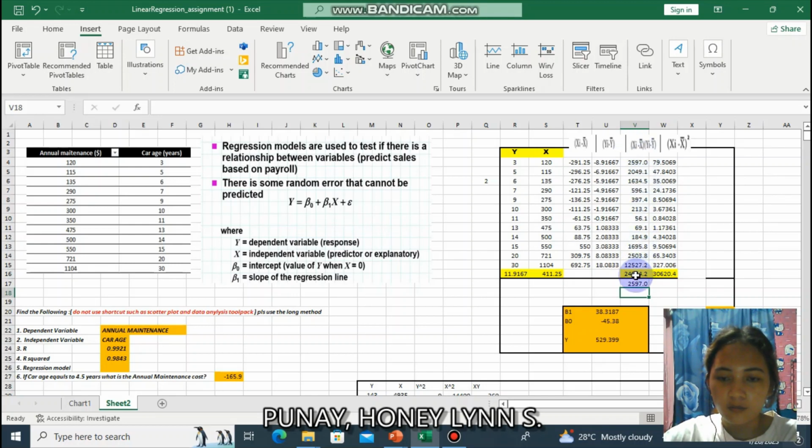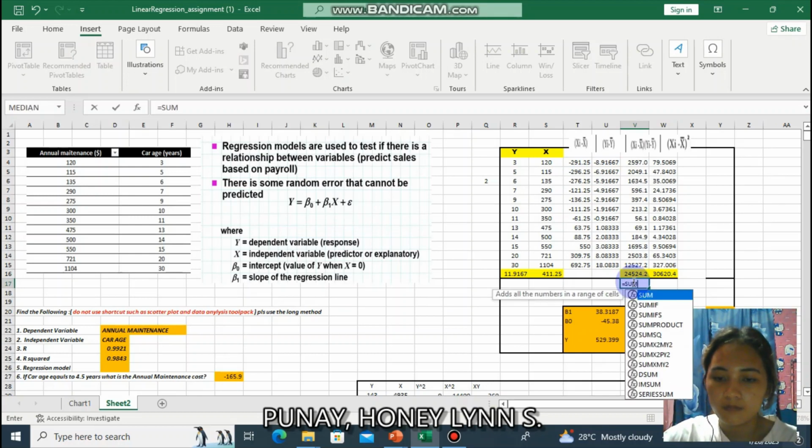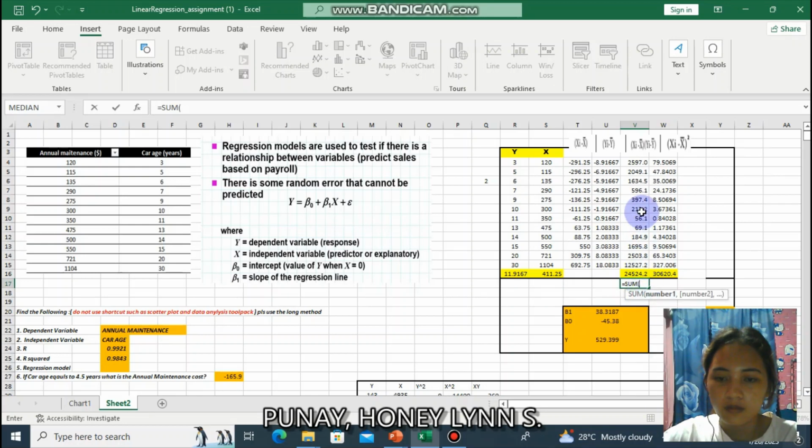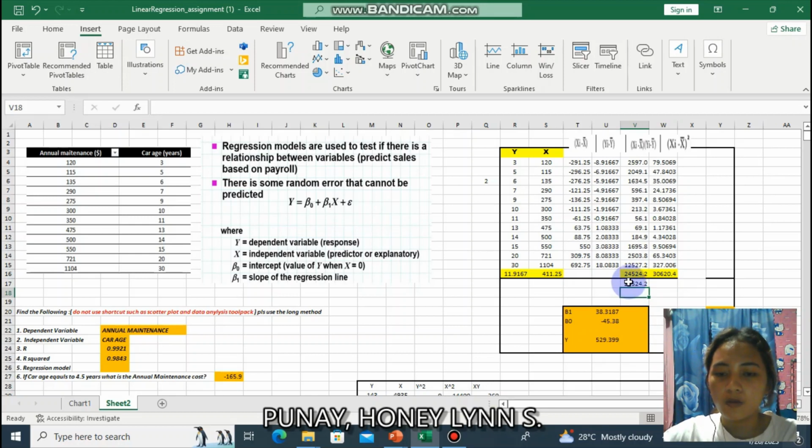Then at the end, you will use the formulation equals sum, then all the values, enter. So you will have the value of 524.2.